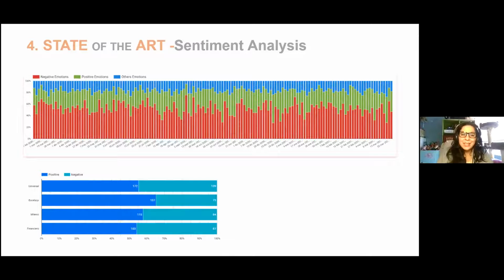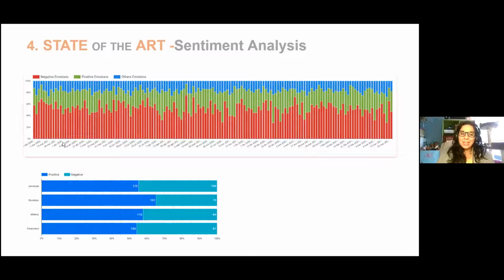And so I measured different emotions, which were sadness, anger, or fear. So I categorized them as negative emotions. Then for positive emotions, I looked at happiness and trust. And for other emotions, I considered surprise, because a surprise can be either good or bad.